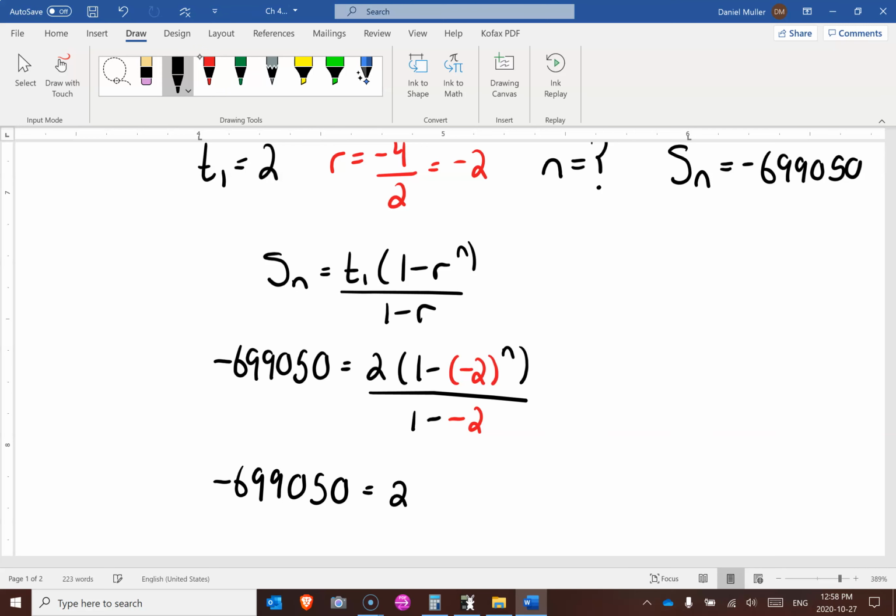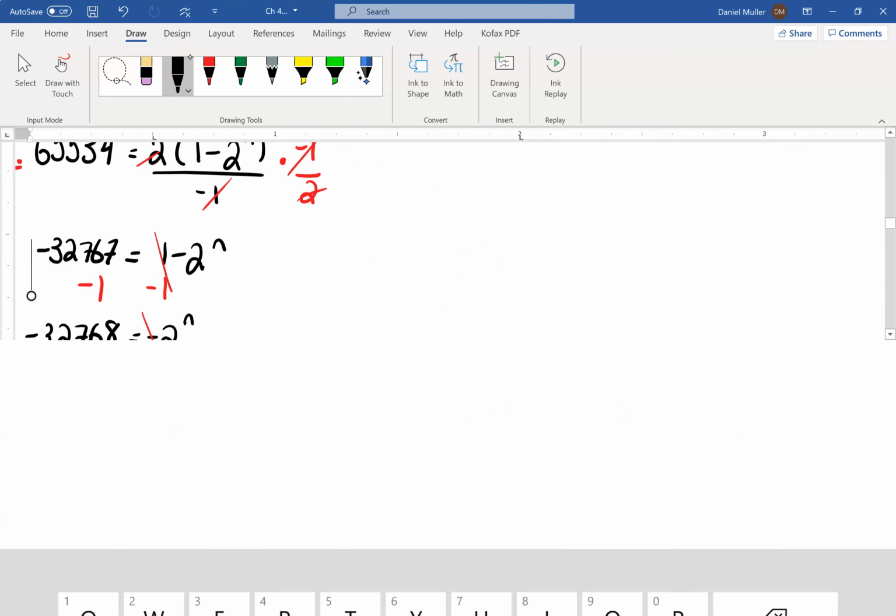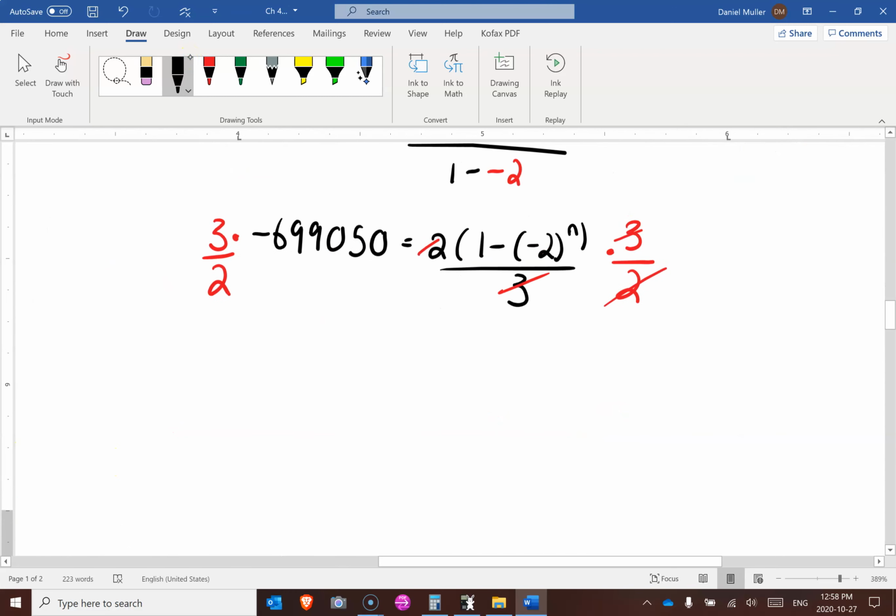So I've got -699050 equals 2 times 1 minus -2 to the n. On the bottom, I've got a 1 plus 2, which is a 3. So I'm going to times by 3 on both sides. That way that can go with that. But I'm also going to divide by the 2, put the 2 on the denominator, so that it cancels with the numerator. So I have to go -699,050 times 3 over 2.